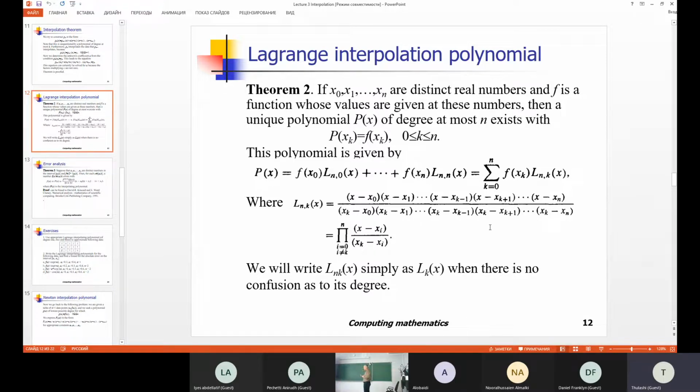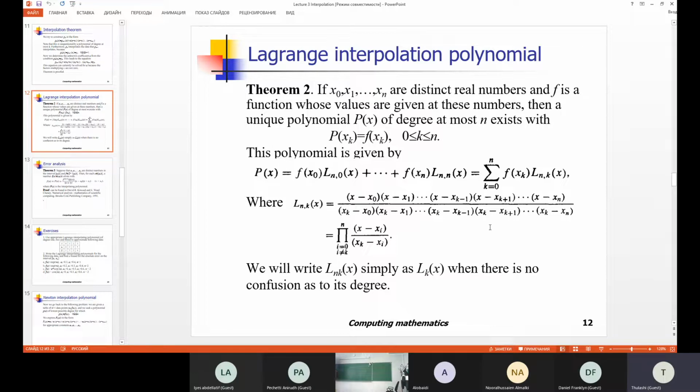let's try to compute as in the previous case, the case for the polynomial of degree 1. Suppose that we write a polynomial in this form. What will be P2 of x0?